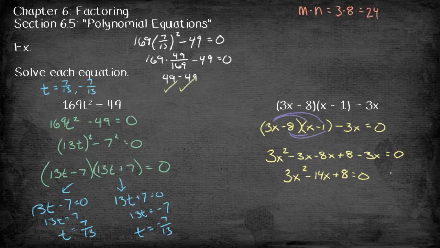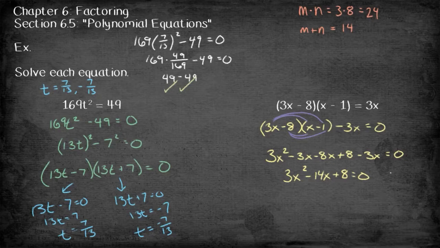And furthermore, I want m plus n. So since the last number is positive and the middle number is negative, both of these guys have to be negative. I want them to add up to 14.